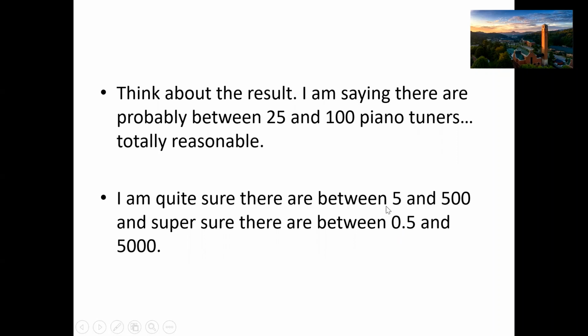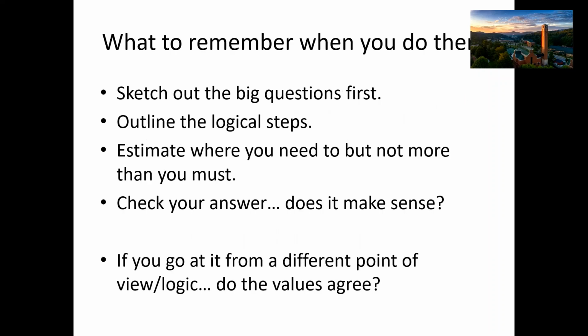And I'm really, really sure that 3 orders of magnitude less than 50, 0.05 nanotuners, is not right. So the number of tuners is between 0.5 and 2 orders of magnitude bigger than 5,000. So we got to a correct range with our order of magnitude estimate example.